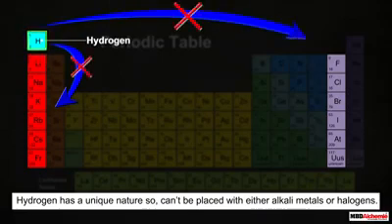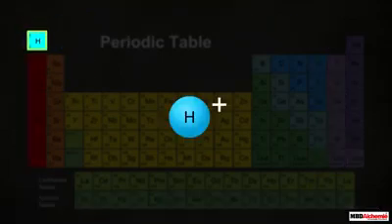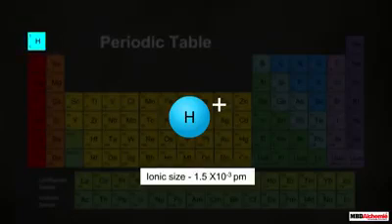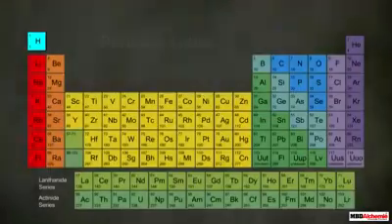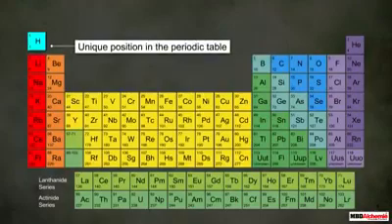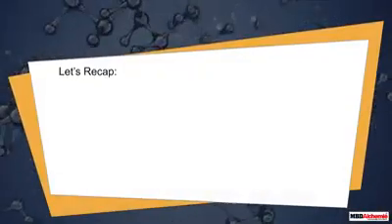So we have seen that hydrogen has a unique nature, so it can't be placed with either alkali metals or halogens. Other than that, the positive ion of hydrogen has an exceptionally small size as compared to the size of any other ion. This fact further supports the unique nature of hydrogen and its unique position in the periodic table. Let's recap.